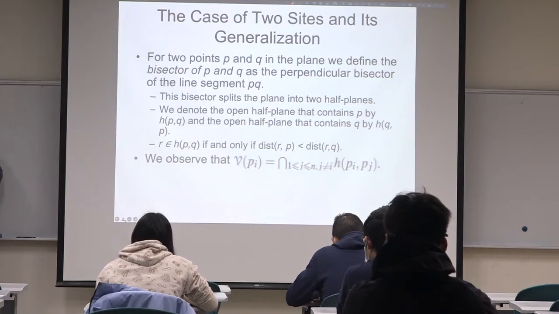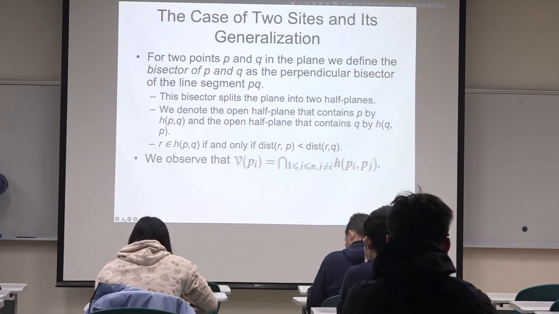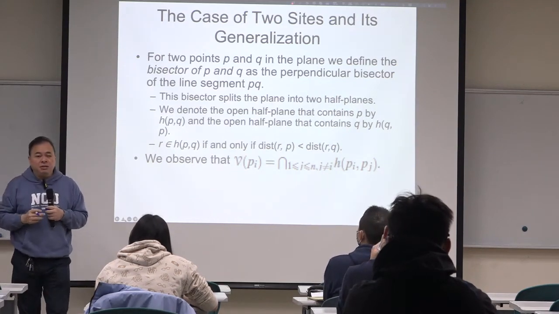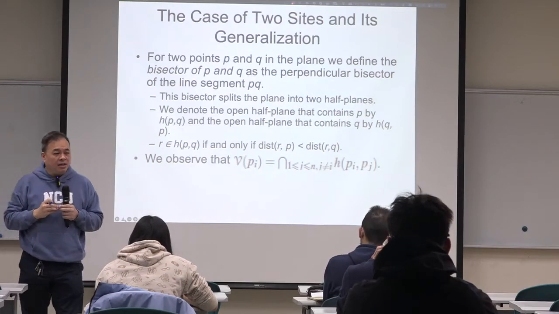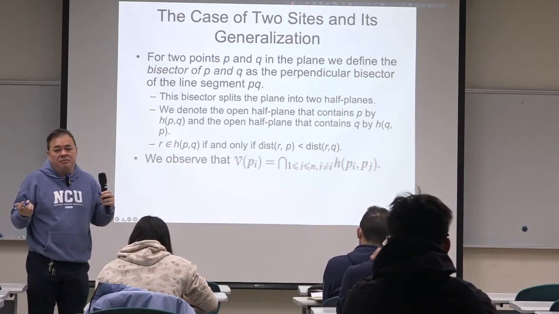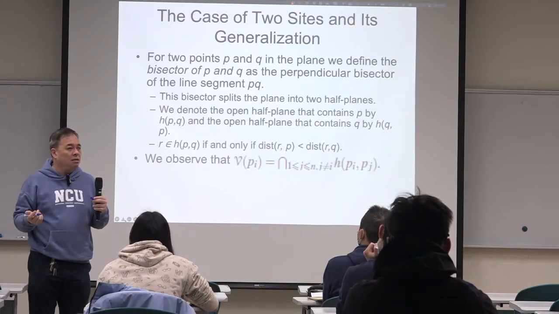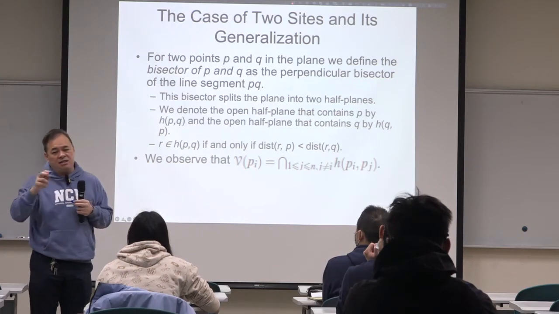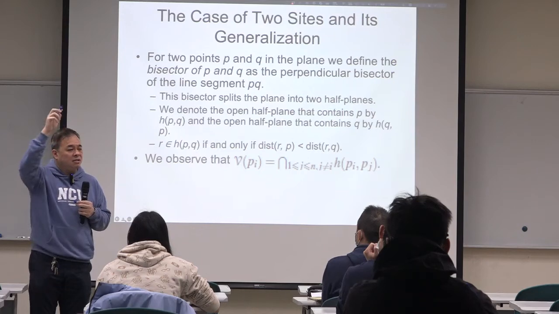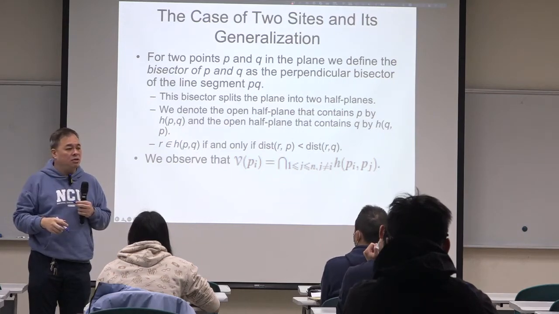Okay, the points on the bisector have equal distance to P1 and P2, right? You should have this concept from junior high school, when you learned what a bisector is.